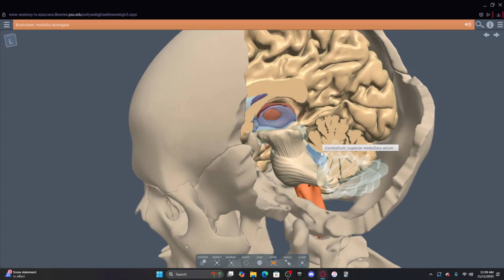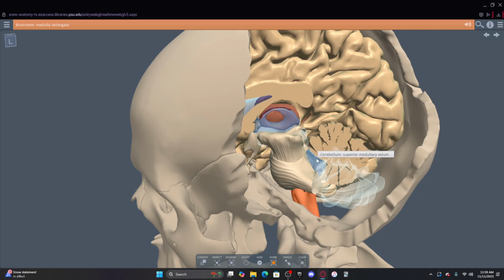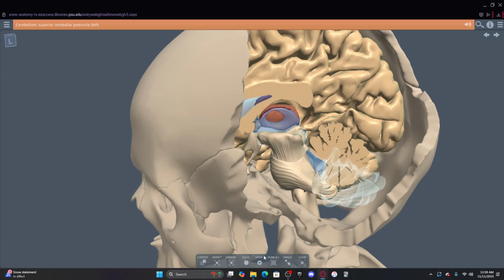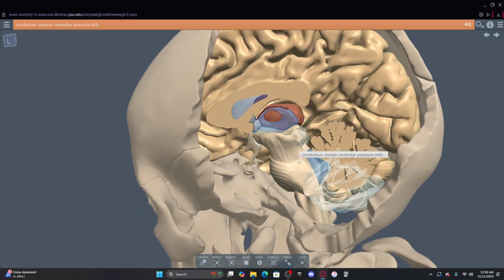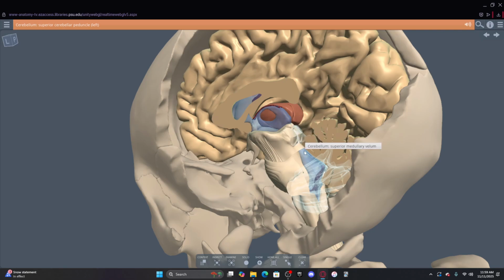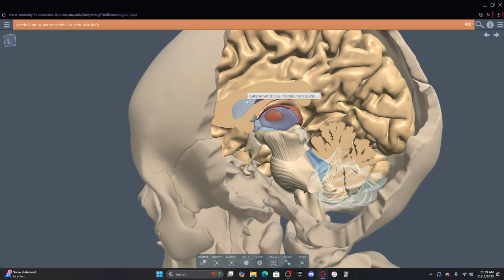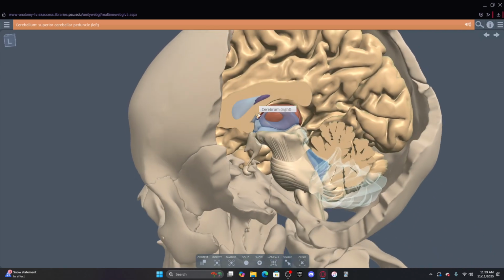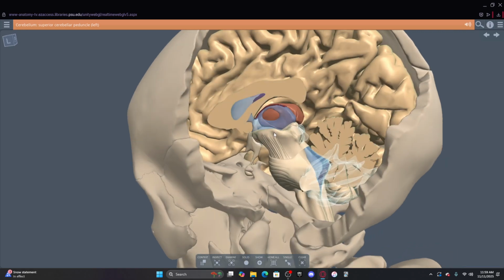We see our fourth ventricle back here. If I remove that fourth ventricle, the cerebral aqueduct is somewhere over here. Third ventricle, lateral ventricle, and then thalamus over there.